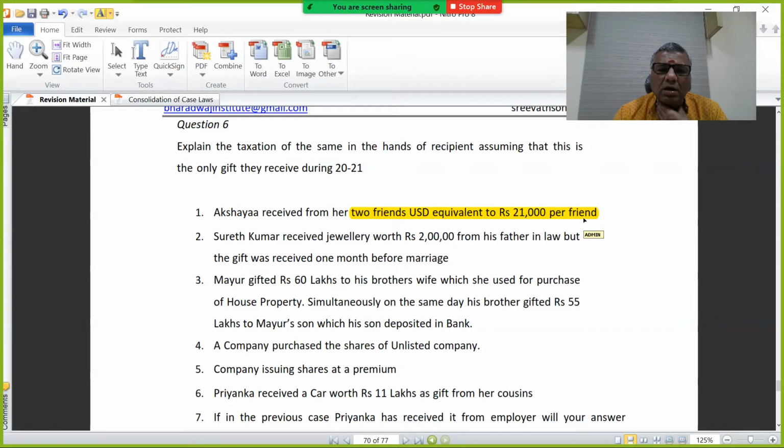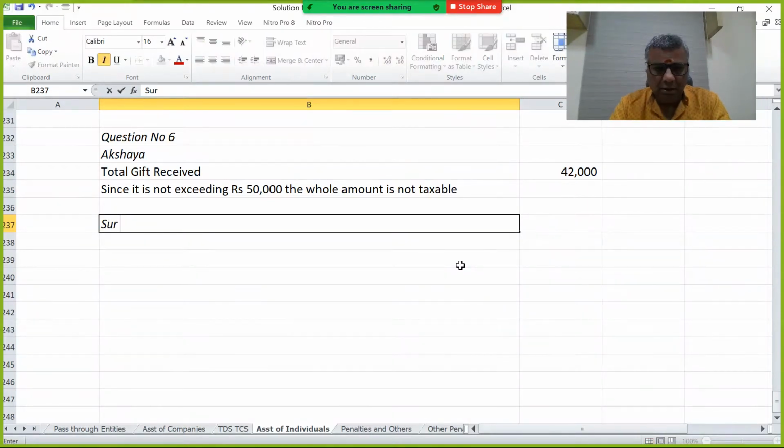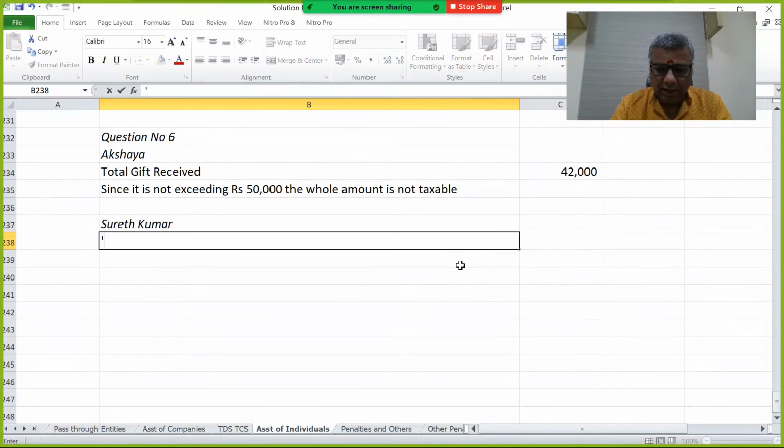Surat Kumar received jewelry worth 2 lakhs from his father-in-law, but the gift was received 1 month before marriage. That is the mistake, because on the date of receiving the gift, the relationship does not exist. He is not the relative on that date. Post marriage, a father-in-law's gift is from a relative and not taxable. But here, the gift is received from a person who would be father-in-law.